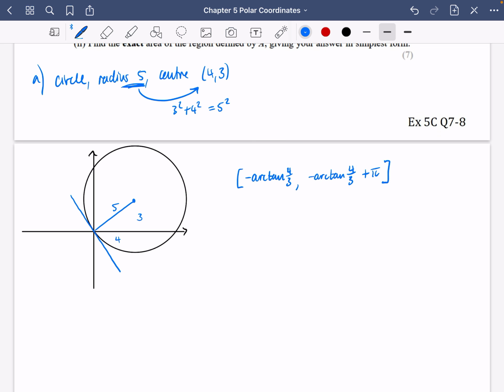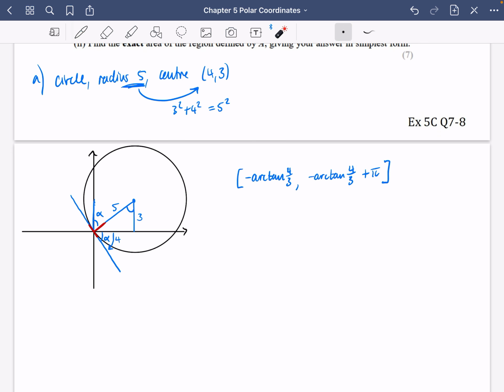So if you're interested in this, which I think is worth pointing out, let's just see what these angles are that it's talking about. So arctan 4 over 3 is going to be this angle here, which is the same as this angle here, which, because of this radius and this tangent meeting at right angles, would be the same as this angle here, and it's minus because it's coming downwards.